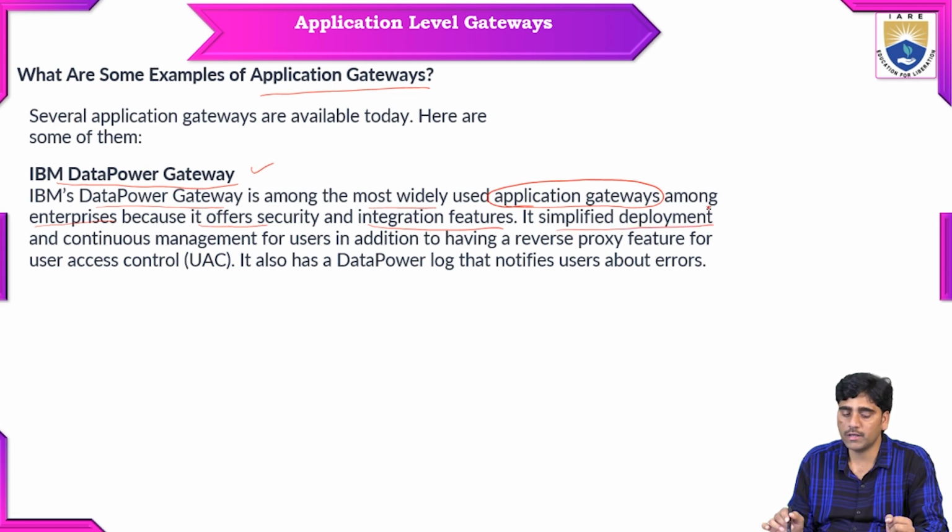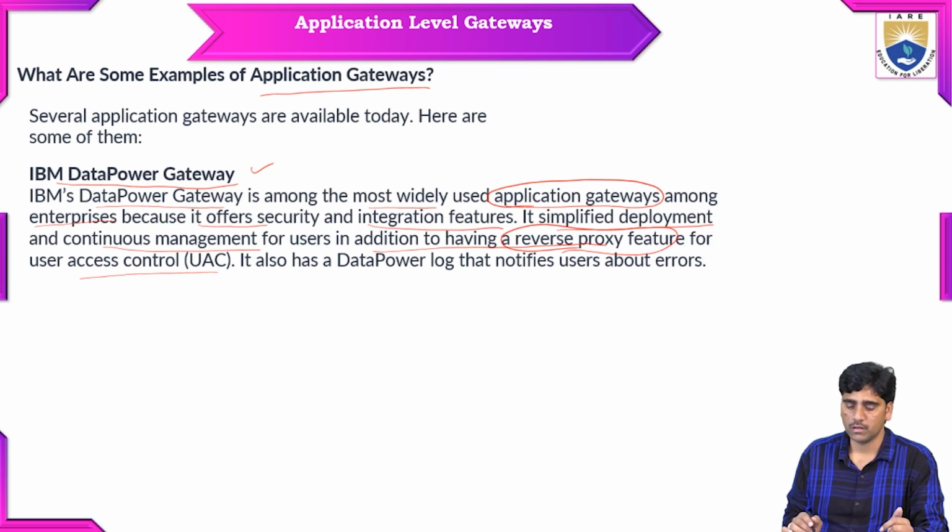It simplifies deployment and continuous management for users, in addition to having a reverse proxy feature for user access control. It also has a DataPower log, which means it maintains a record that notifies users about errors.